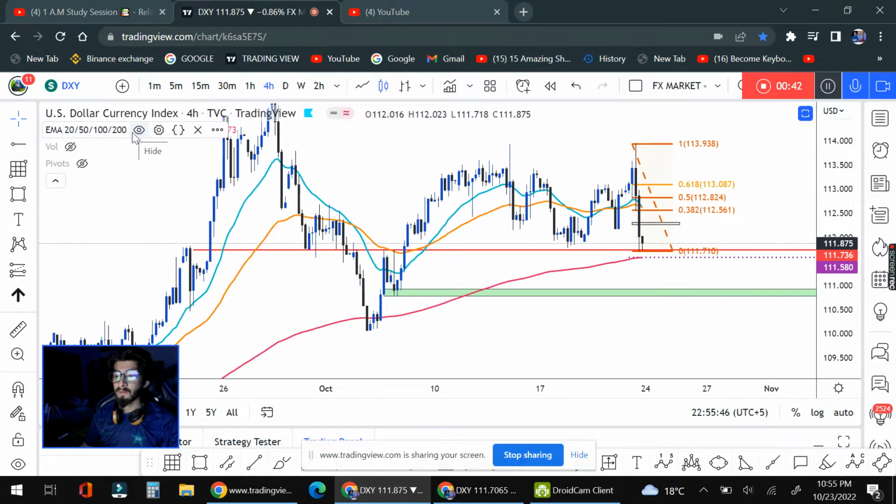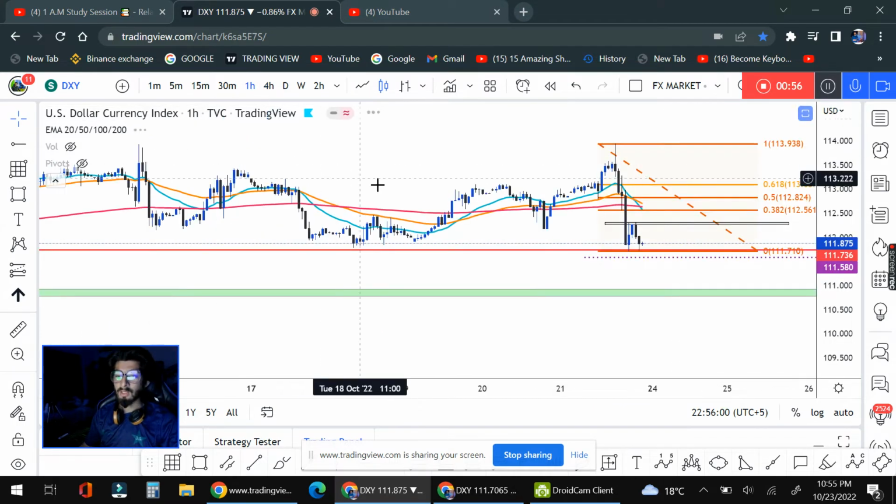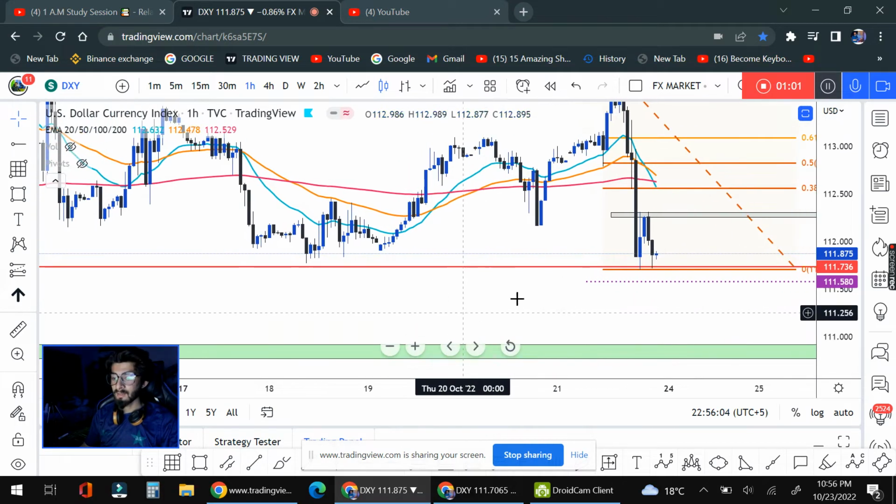And if we see the 200 moving average, which is roughly a few points short of the current price of the dollar index, this is a very crucial level of support for the dollar index. All right, so if we go to the shorter time frame, you can see that there is a strong support area to the left hand side.